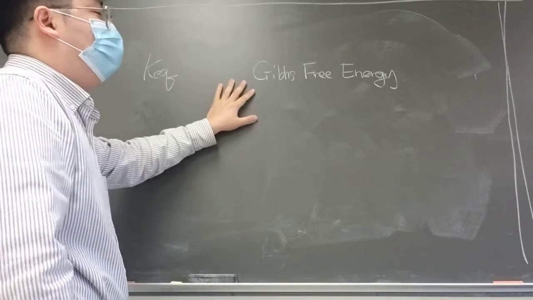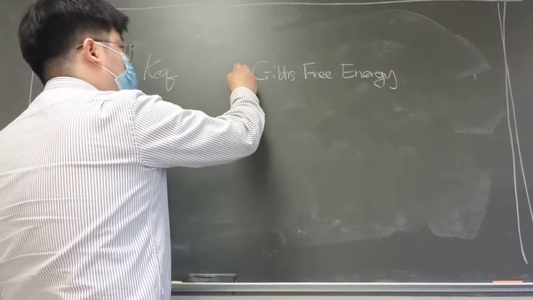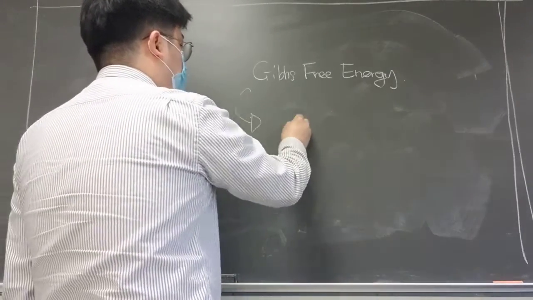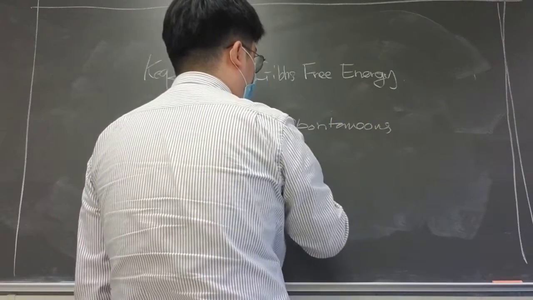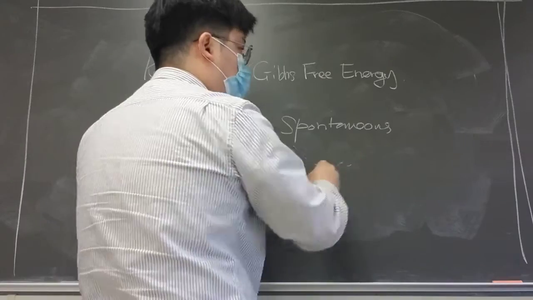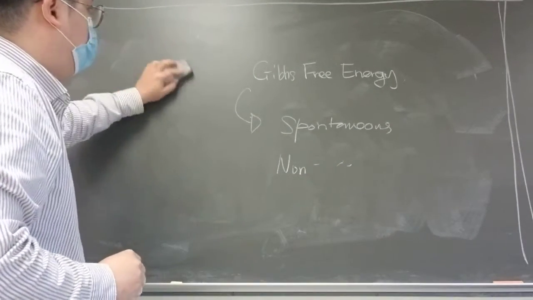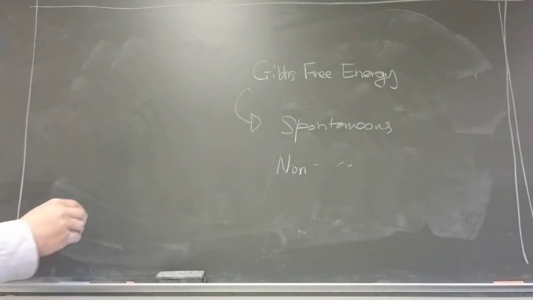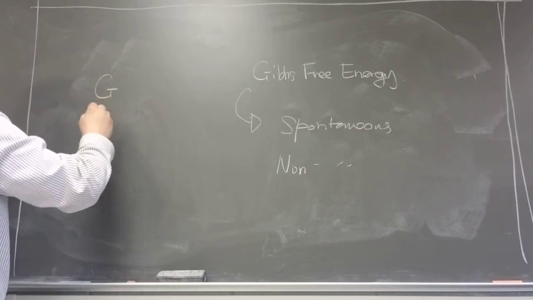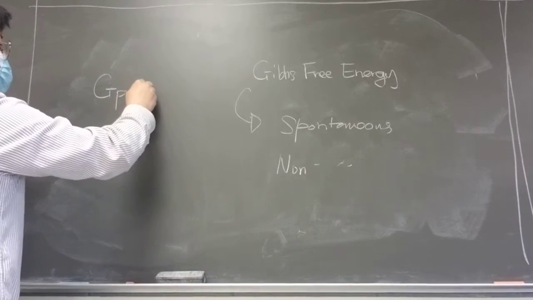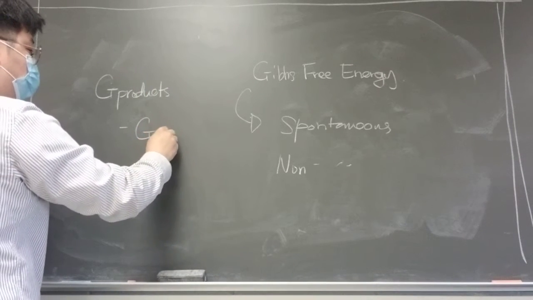So basically what it tells you is if your reaction is going to be spontaneous or non-spontaneous. You guys kind of remember this, right? From Chem 1 or 2, okay. What I mean by that is you have the Gibbs free energy of the products minus the Gibbs free energy of reactants.